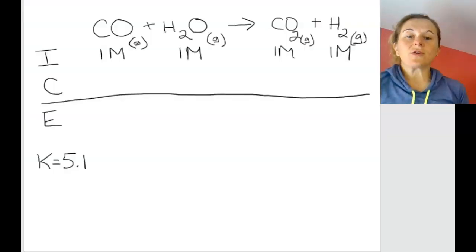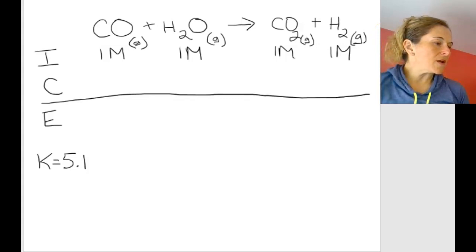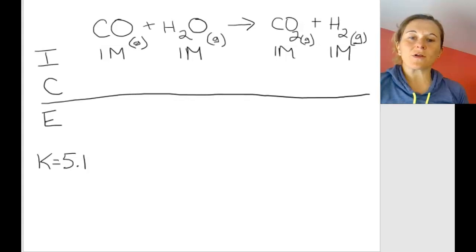Okay, so here you can see I've set up the problem with my knowns. I've written my chemical equation, including states of matter. States of matter are important here. And I've made sure I have a balanced equation. I've written out the ICE table, with the initial concentrations, which in the problem is 1 mole of each component in a 1 liter flask. So 1 over 1 gives us 1 molar for everything.